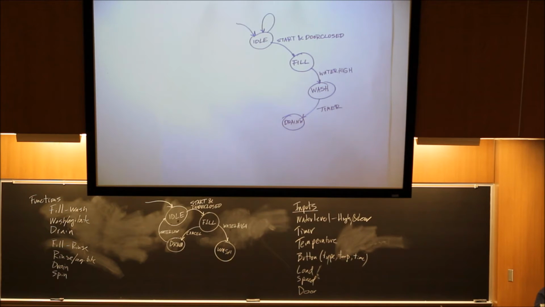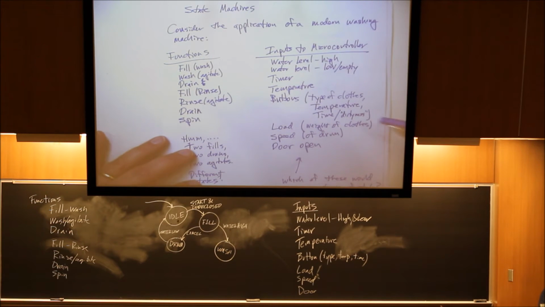And the timer is going to be based on whatever your button presses were. So remember I said here, you have buttons: type of close, temperature, time, dirtiness. All right?